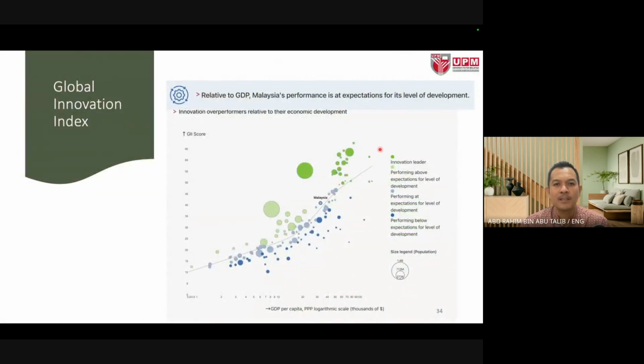In terms of relative to GDP, gross domestic product, Malaysia performed as expected at the level of development. We are still a developing country, so we are situated there.